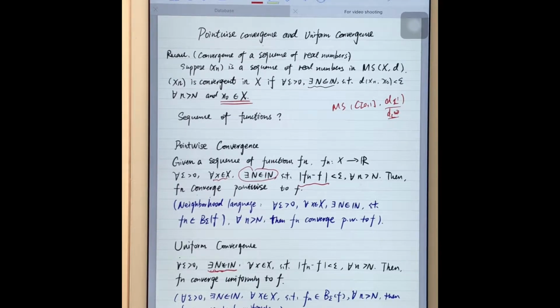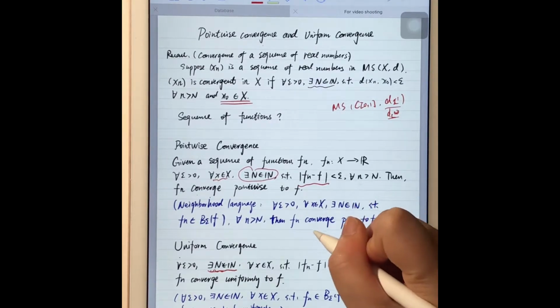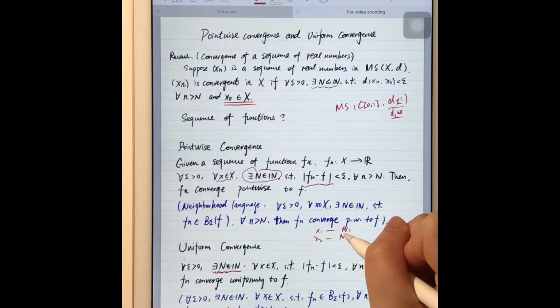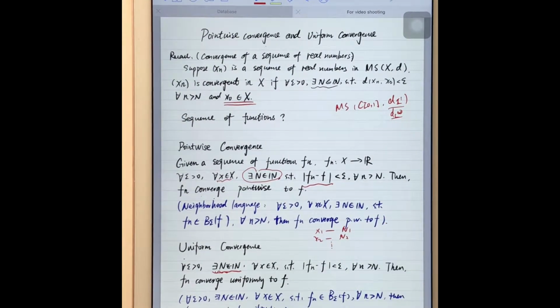Say in the pointwise convergence, for x1 you can find n1, for x2 n2, and so on. There are infinitely many x in the domain, and you can find infinitely many n corresponding to x, right?